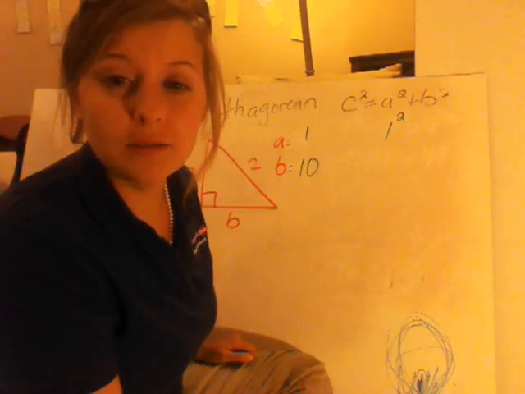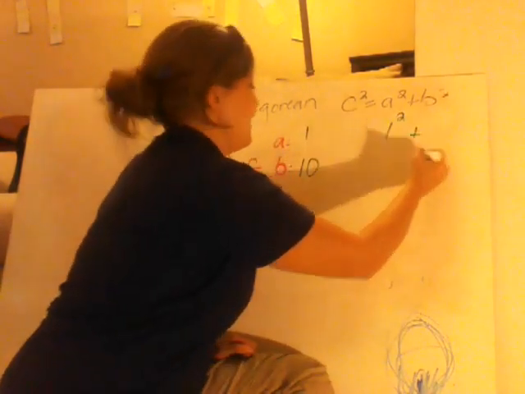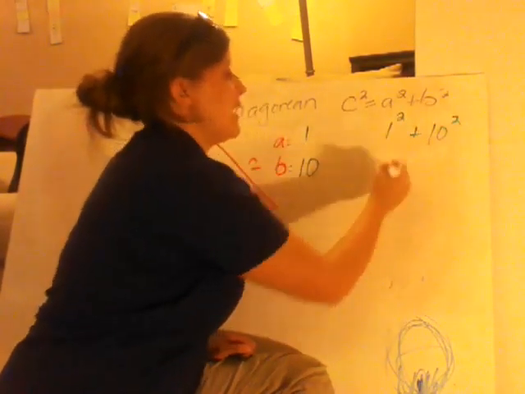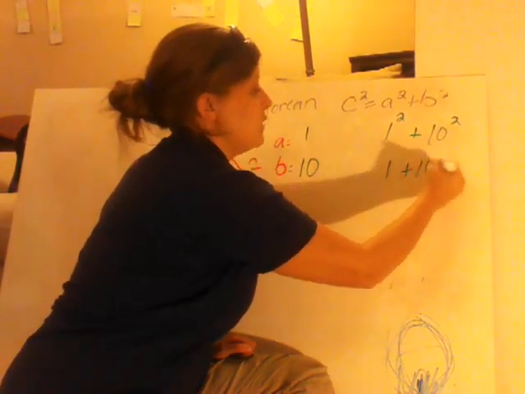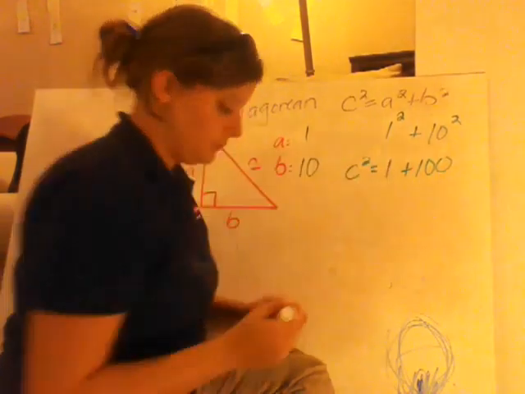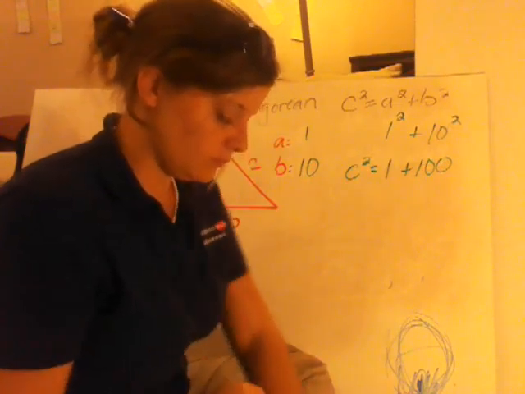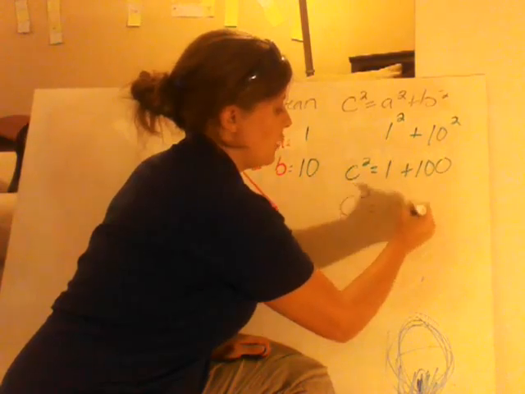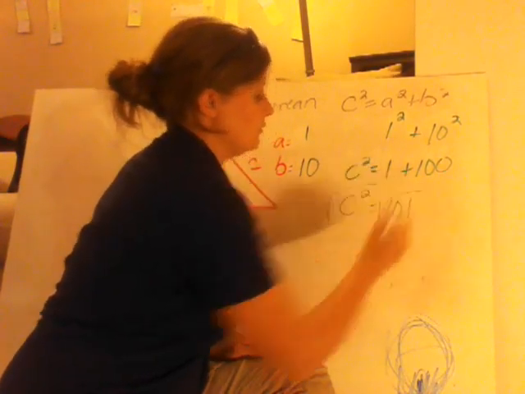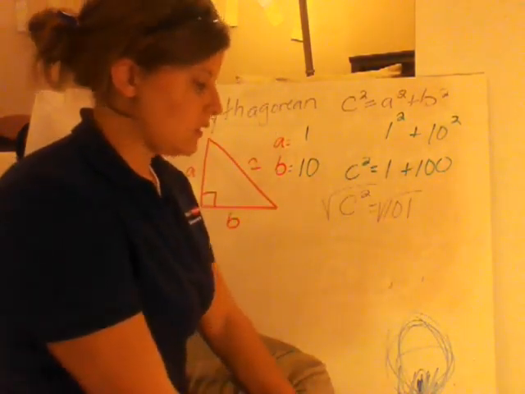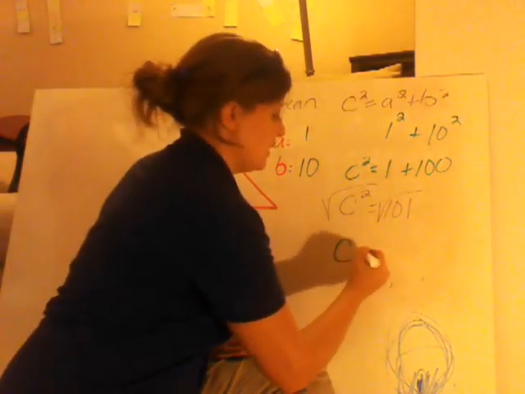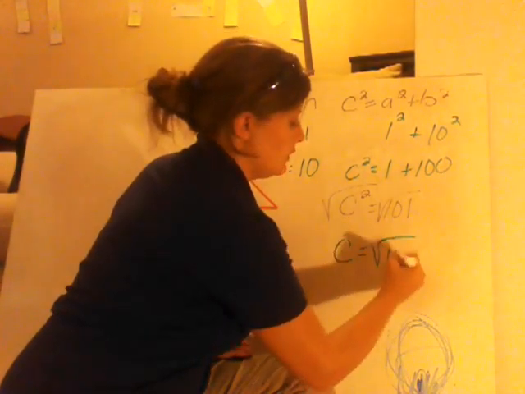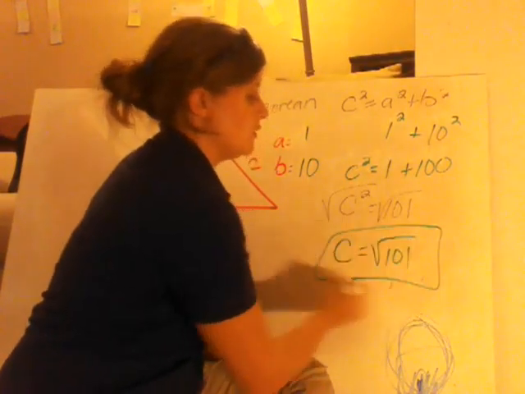Some of you do that. Alright, 10 squared. Now I've got 1 plus 100. C squared equals 101. I take the square root. And guess what? C equals the square root of 101.